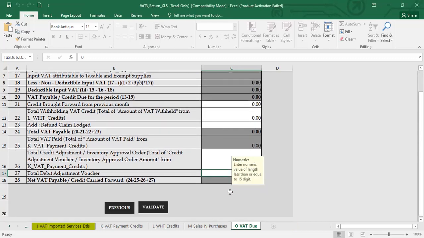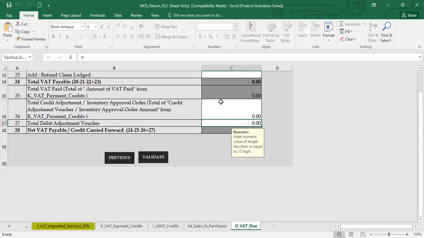So at the end of the day, hapa chini, it will give you what we call VAT payable or VAT carried forward. When it is VAT payable, it is the amount that you are supposed to pay to KRA. When it is credit carried forward, it is overpayment. It's like a refund.